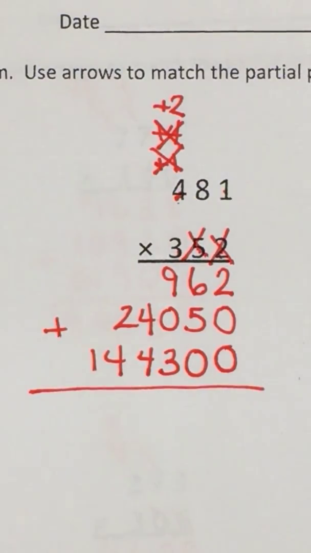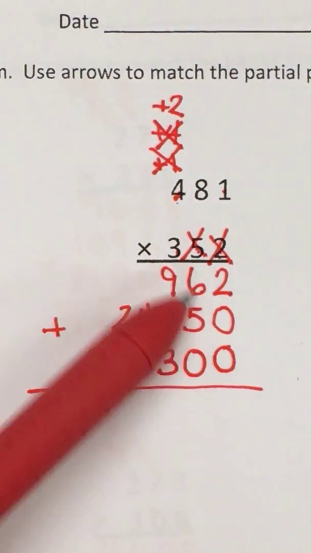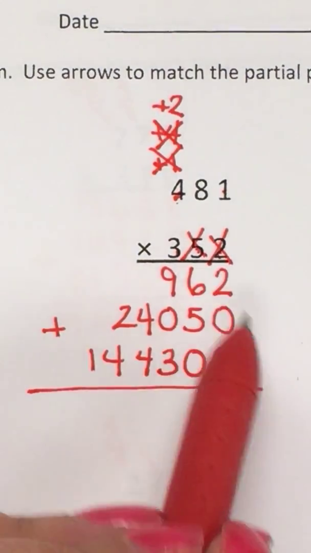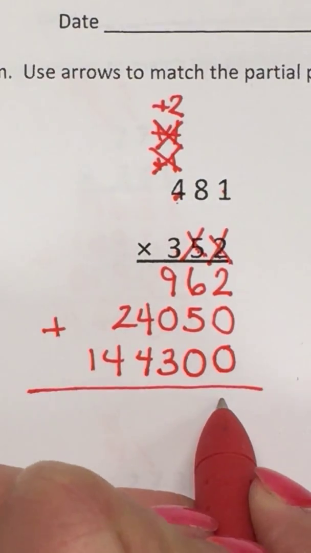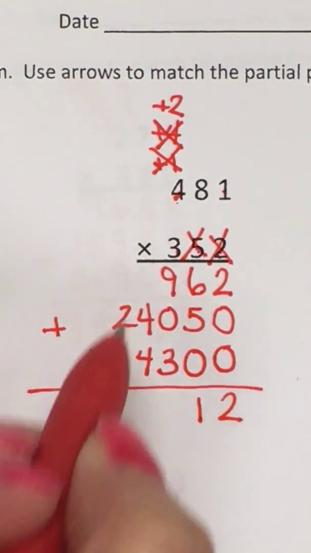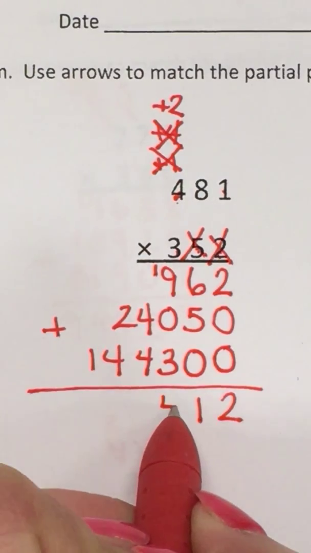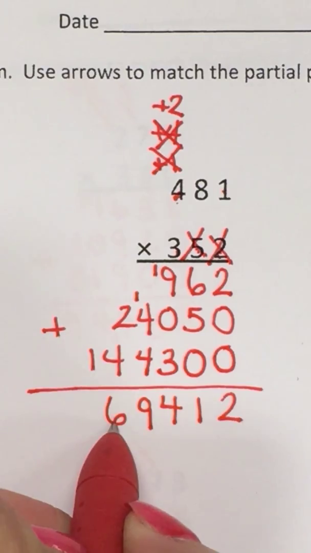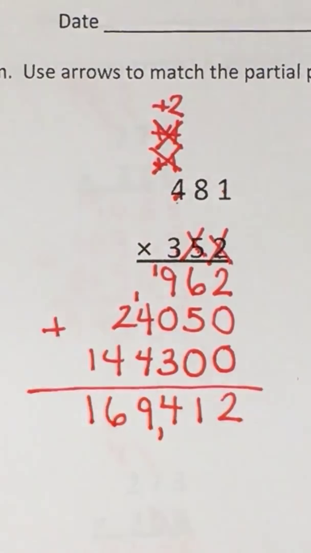It's very important to notice that all of these numbers in each place are lined up so that when you go to add, you're not accidentally adding the wrong digit in the wrong place, because that will give you an incorrect answer. So when I add these up, I get 2, 11, 14, 9, 6, and 1. So 169,412.